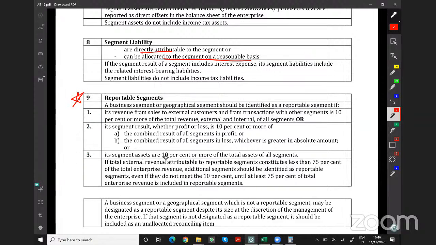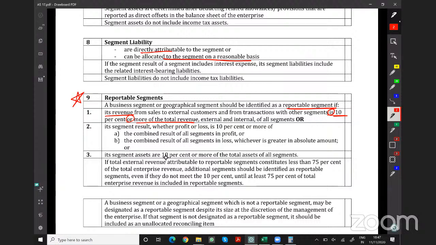A business segment or a geographical segment should be identified as a reportable segment if its revenue from sale to external customers and from transactions with the other segments is 10%. 10% means minimum 10% or more of the total revenue.